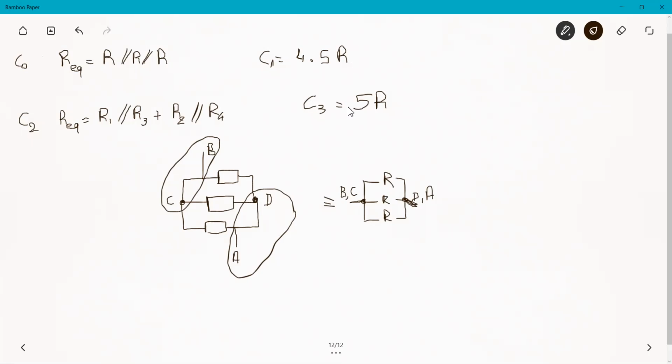This is the answer for A and B, but of course you can go between C, D, E, F. Actually, it's not between A and B because it's asked between C and D.